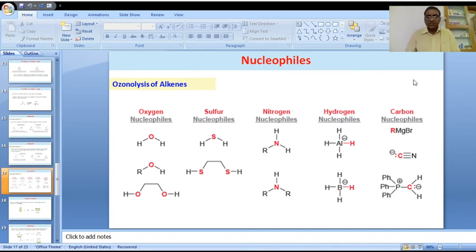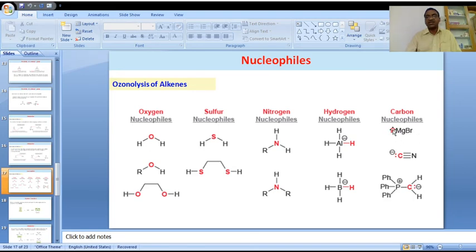The carbon nucleophiles, just now we discussed in the first reaction with the Grignard reagent. Grignard reagent is the suitable example for carbon nucleophile. RMgX is the general formula of Grignard reagent, alkyl magnesium halide.